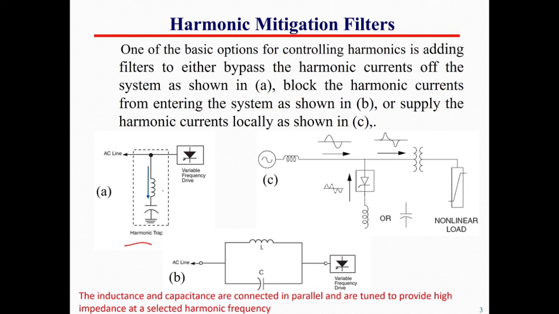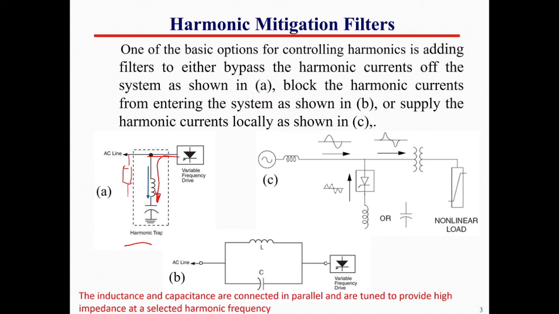Once we design a filter to get rid of the harmonic that is produced from here, the harmonic current will go directly to the filter. It will not go back to the source. It will not affect the load if we have over here certain load connected.